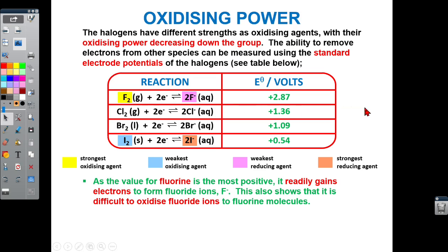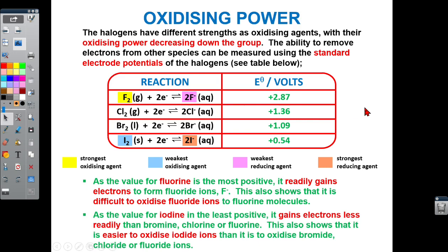That ain't going to happen. On the bottom of the group, as the value for iodine is the least positive, it gains electrons less readily than bromine or chlorine or fluorine. This also shows that it's easier to oxidize the iodide ions back to iodine than it is to oxidize bromide or chloride or certainly fluoride ions back to their respective halogens.